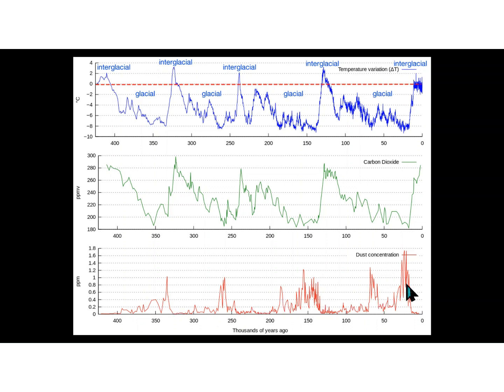Also calls attention that this dust concentration seems to be increasing in every cycle of ice age. That could be important, that should be understood. Because dust concentration must be hindering during glacials.